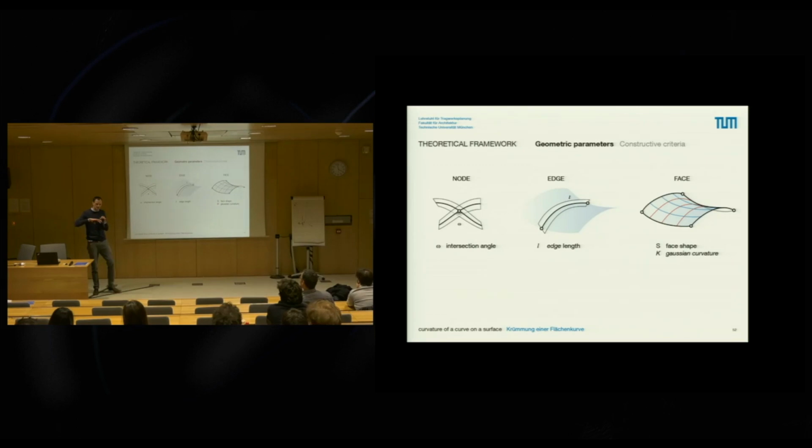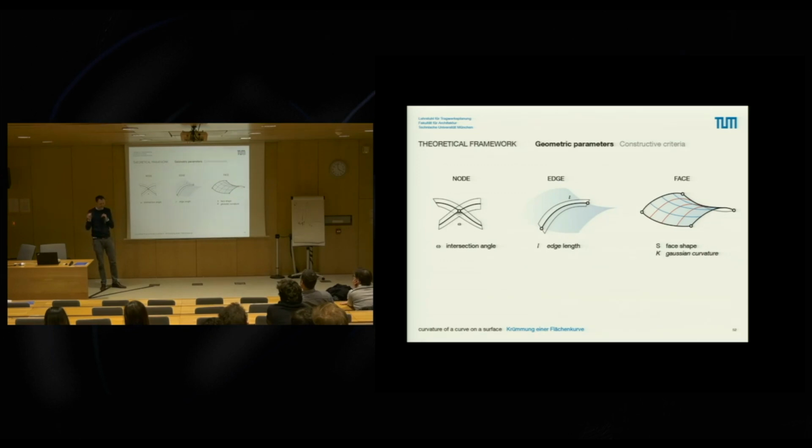So I looked at these networks on curved surfaces, and I found that there are, let's say, two main parameters that exist on any network: the length of edges between two nodes, and the intersection angles of the edges. And of course, the faces you can also define by their shape, let's say the outline, and by their own curvature, but that is more complex.